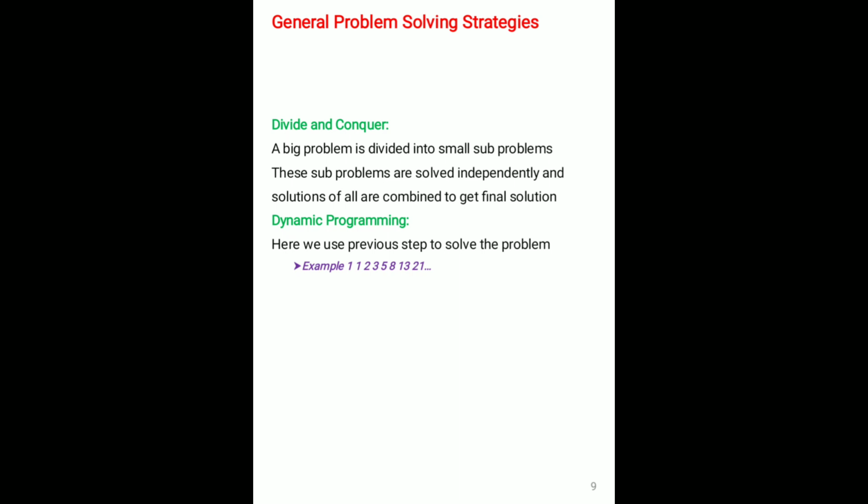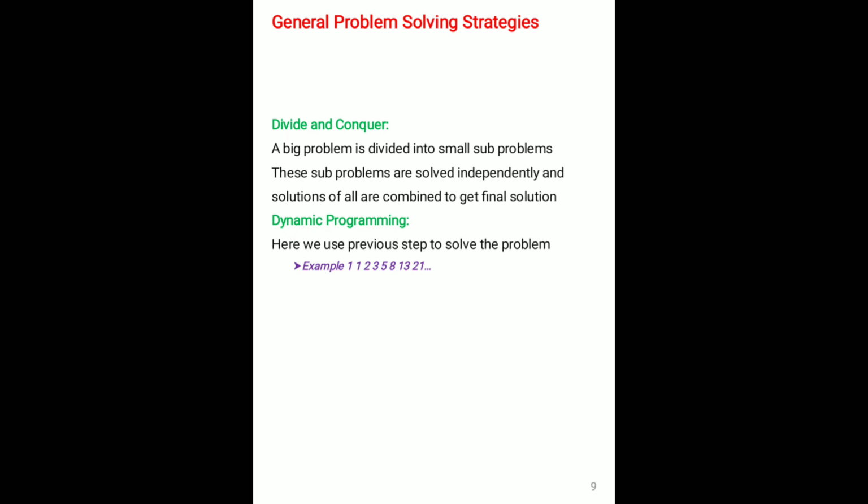Each sub-module is run independently. After running all sub-modules independently and successfully, we may combine the outputs of all to get a single independent big module that can be run properly. So this is nothing but the divide and conquer method.